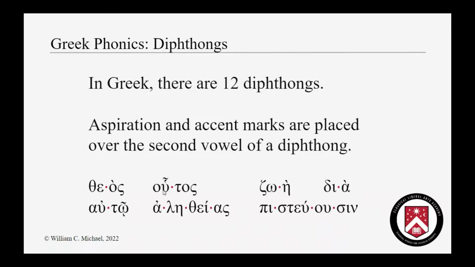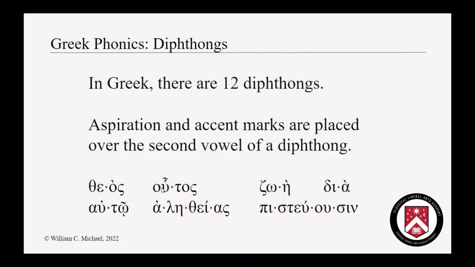So notice here, for example, we have a diphthong made of the vowels omicron and upsilon. Normally, the aspiration mark would be over the first vowel, the first letter of the word. But because these two vowels form a diphthong, the aspiration mark with its accent is actually placed over the second vowel of the diphthong. That helps us to see that these two vowels form a diphthong.